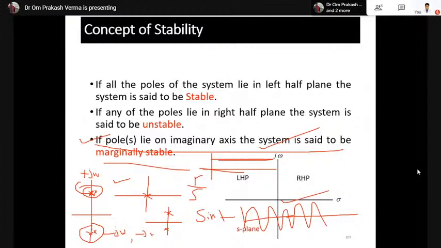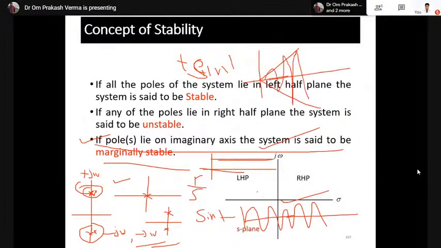When you solve, you get a t into sine t type response, and again this one is unstable. This is an unstable case. So remember, marginally stable is right, but not for the double pole. Not for the double pole.